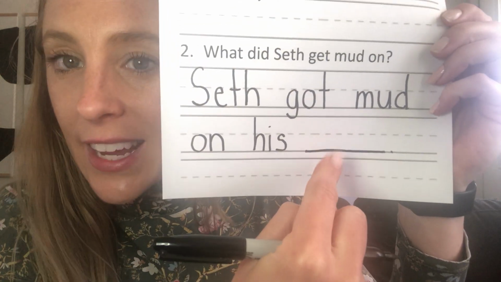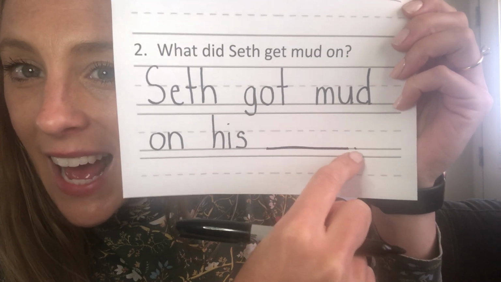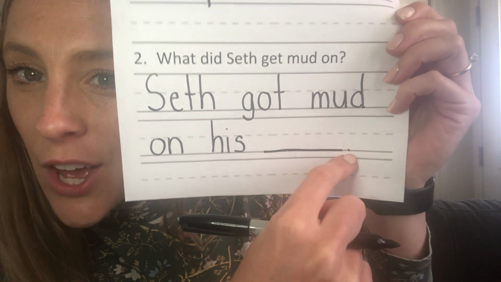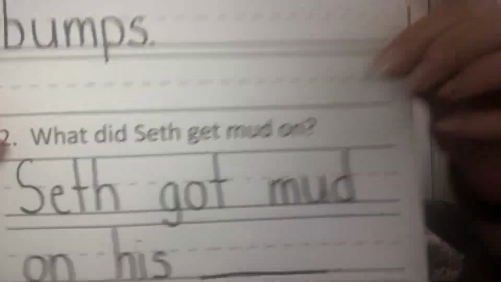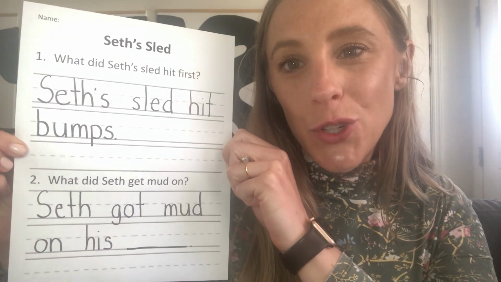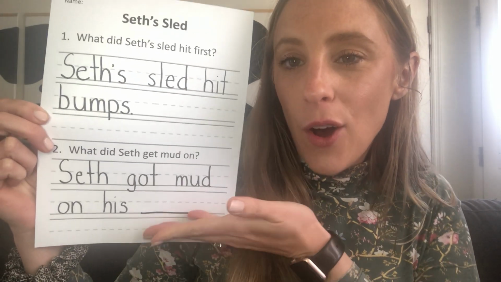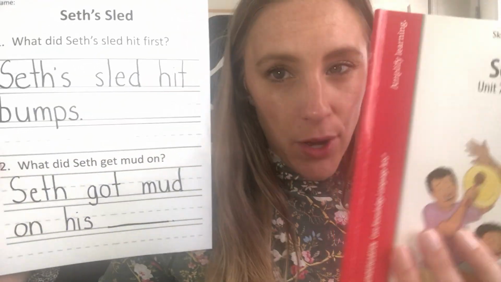Once you're done filling in your word, don't forget the period at the end of your sentence. Right there, really small. I don't want to see big scribbles, okay? That's not a period. And when you're done, go ahead and take a picture and upload it to your Dojo portfolio. I can't wait to see all the different answers. Make sure though you're getting your answer from the book.